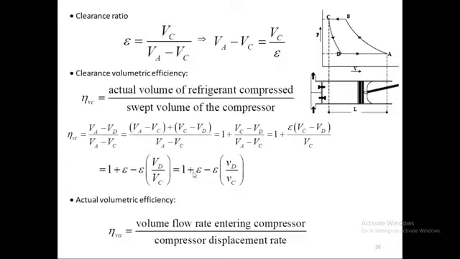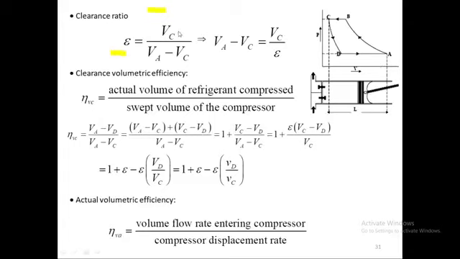Alright, so now we want to derive an equation for the clearance volumetric efficiency and actual volumetric efficiency. So we first define a term, the clearance ratio, which is represented by the symbol epsilon.